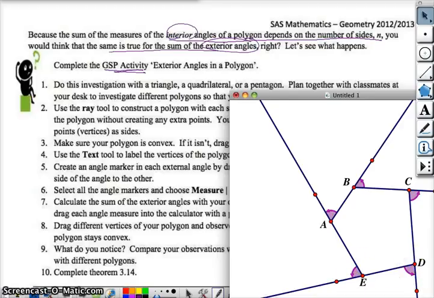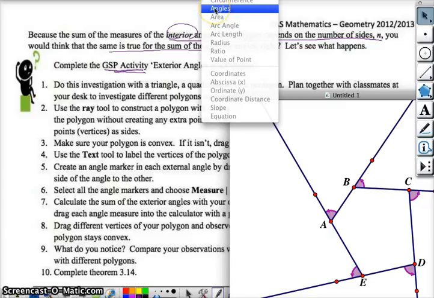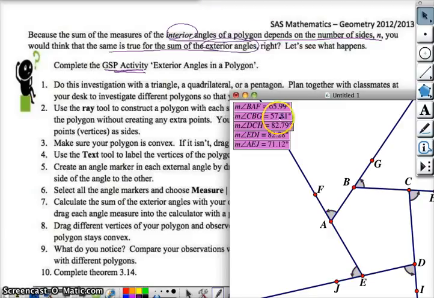And I'm going to go up to measure and angles, and there are all 5 of those angle measures. It's so nice. So it calculated it for you. Okay, and if you didn't have vertices labeled, it labeled it for you. So now you can see all these angles right here.